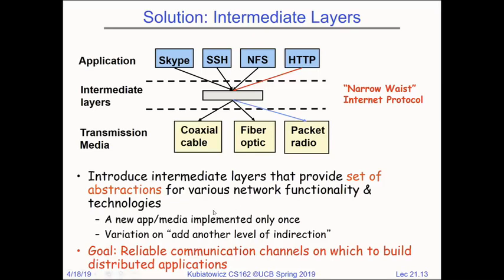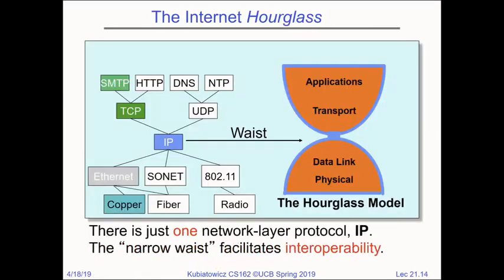So our goal, of course, is going to be reliable communication channels, and we'll talk more about that next time. But let's assume that we've somewhat solved this problem. So this is the so-called narrow waist hourglass, which you've all seen probably in one of your classes. But down here in the middle portion there, that is IP.